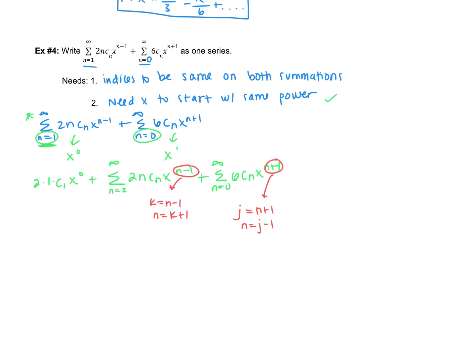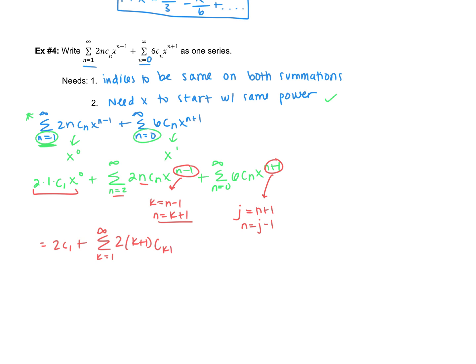Okay, so where does that leave us then? This term we still have, so we still have 2c1. Now I'm solving. If n is 2, that means that k is starting at 1 to infinity. I then have 2 instead of n, that gets replaced by k plus 1.